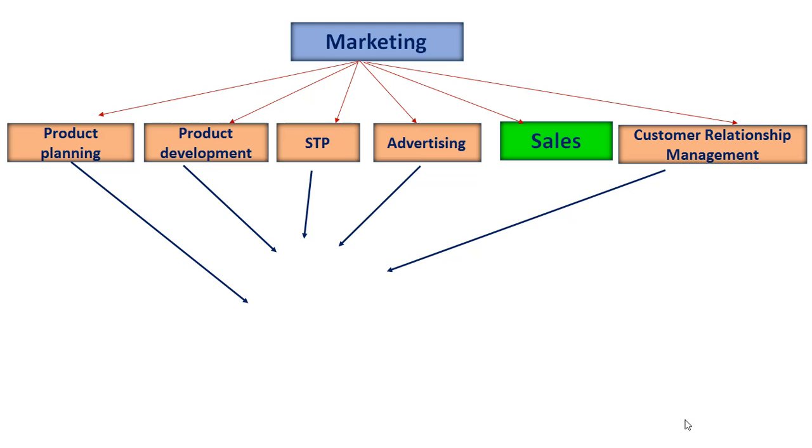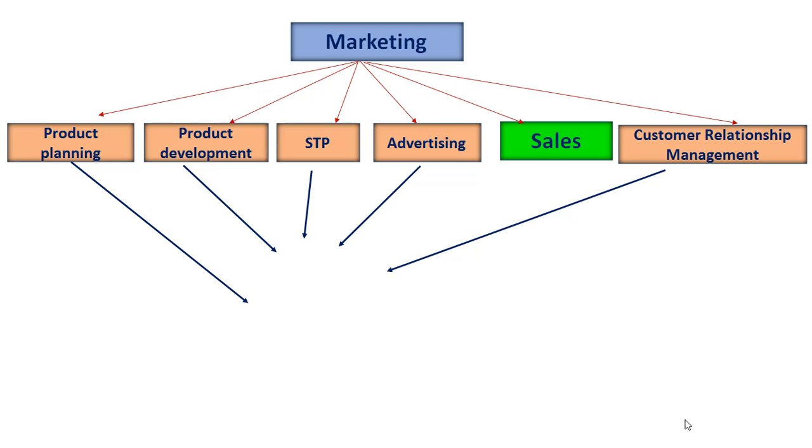After the sales, many organizations start customer relationship management as well. The sequence of all these components may vary from organization to organization. Some organizations start customer relationship management first. Some start advertising even before the launch of the product.